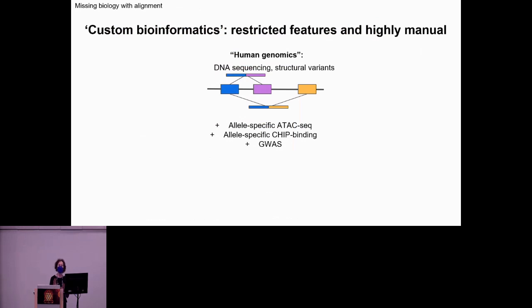Even if you accepted the idea that alignment and assembly was a perfect computational procedure, there are still downsides to today's paradigm because it is based on what I'll call custom bioinformatics. After alignment, you as a researcher have to choose a single workflow. Like, I want to discover regulated splicing. Another person might want to discover regulated RNA editing. And that's within the narrow realm of RNA. Move away to single cell ATAC-seq.